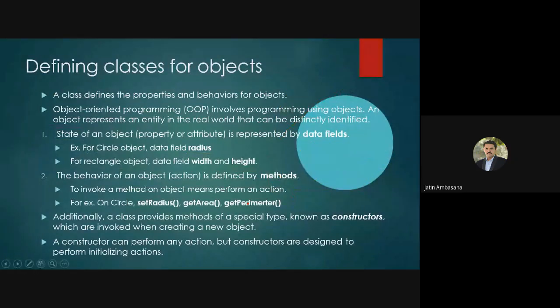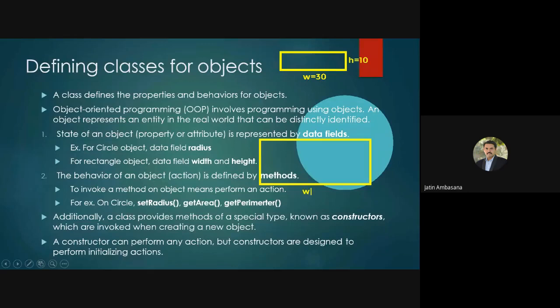Similarly is the case with the rectangle. If you have a rectangle, suppose this is one rectangle, and it has got, let's say, width equal to 30 and height equal to 10, and then you might have a different rectangle where the width might be equal to 60 and the height might be equal to 30.